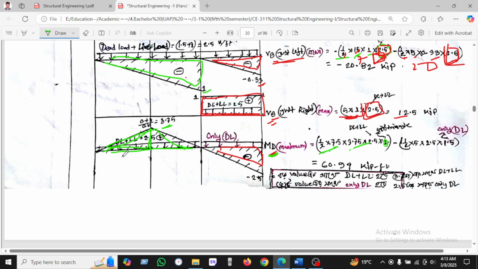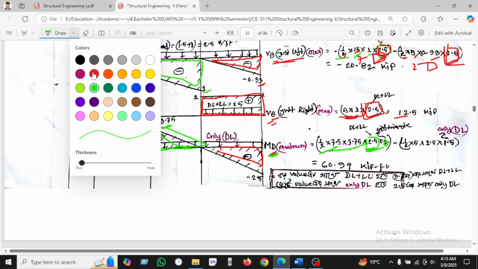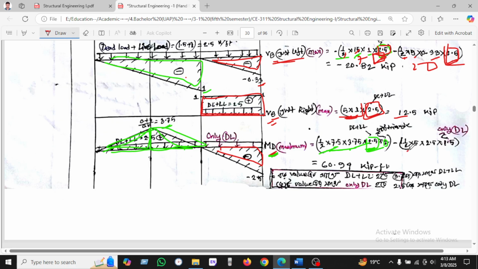We multiply by 2 because there are two triangles, and this will be boxes. We don't know which value we will use. If we get the maximum value, then we will use the dead load plus live load. If we get the smaller value, then we will use only the dead load.